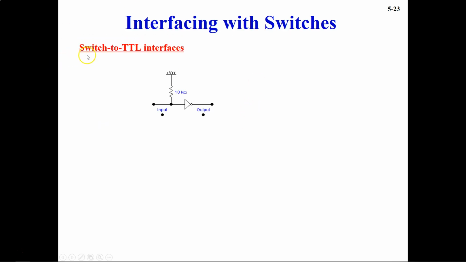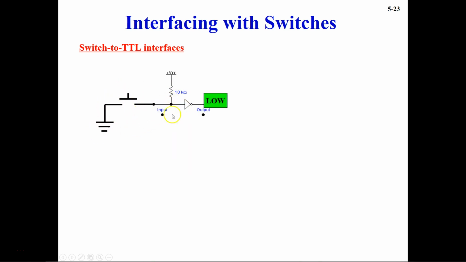So we are going to see switch to TTL interfaces. And you can see the circuit. This is a TTL inverter connected to the power supply of 5 volts. This VCC is 5 volts. And then this is a resistance of 10 kilo ohm. And then on the left hand side, we have this switch connected to the ground.